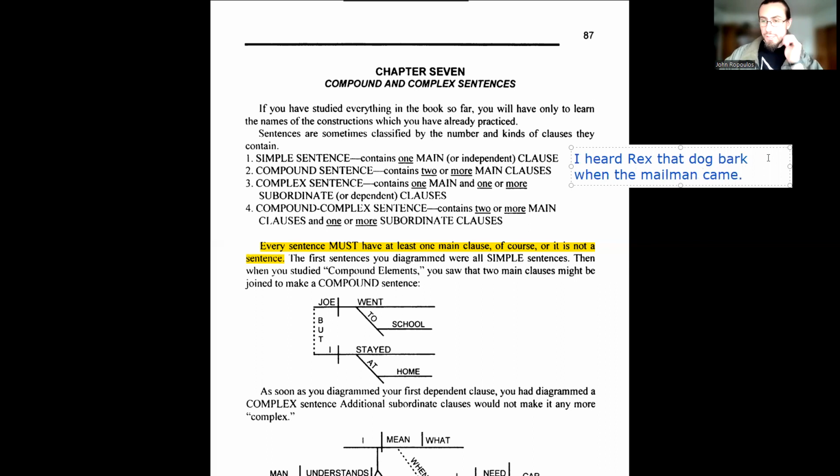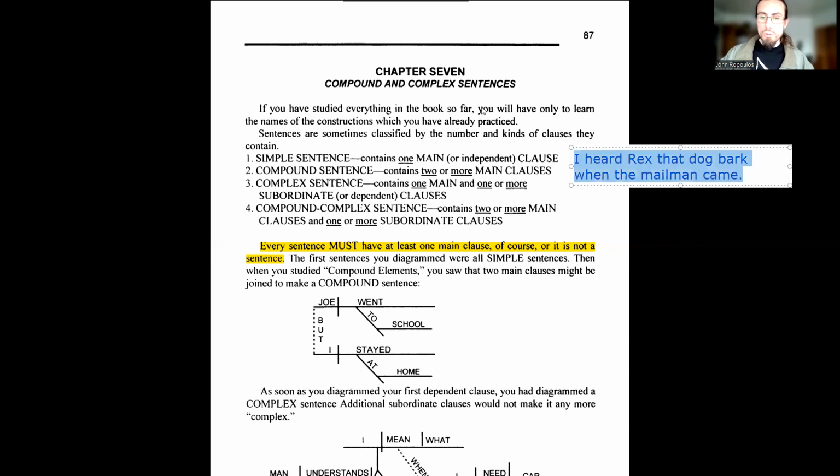So here you've got all three. The whole thing is a noun clause: Rex, that dog, bark when the mailman came. When the mailman came, adverb clause. That dog, adjective clause. Very simple. And then we have a compound complex sentence.